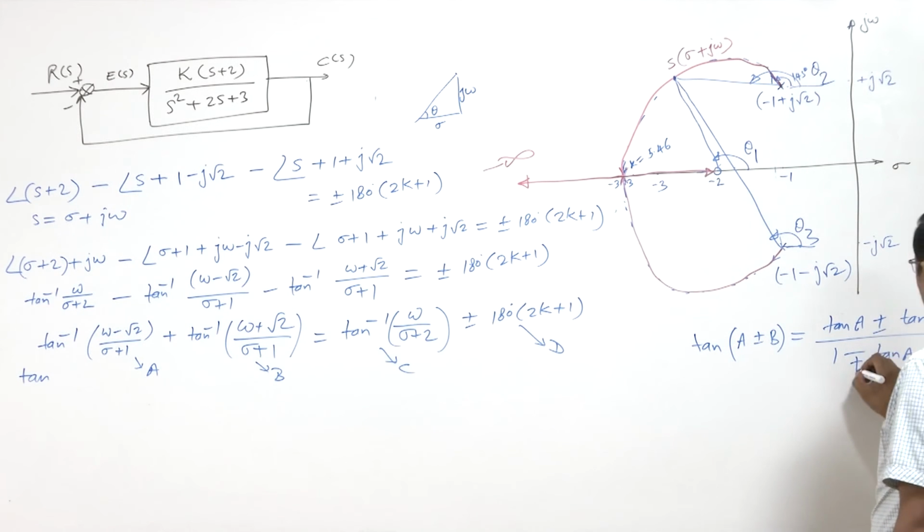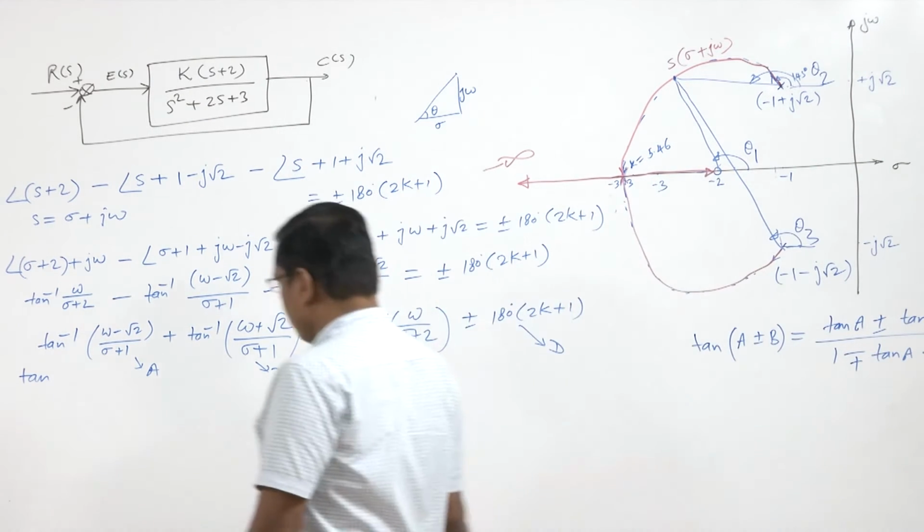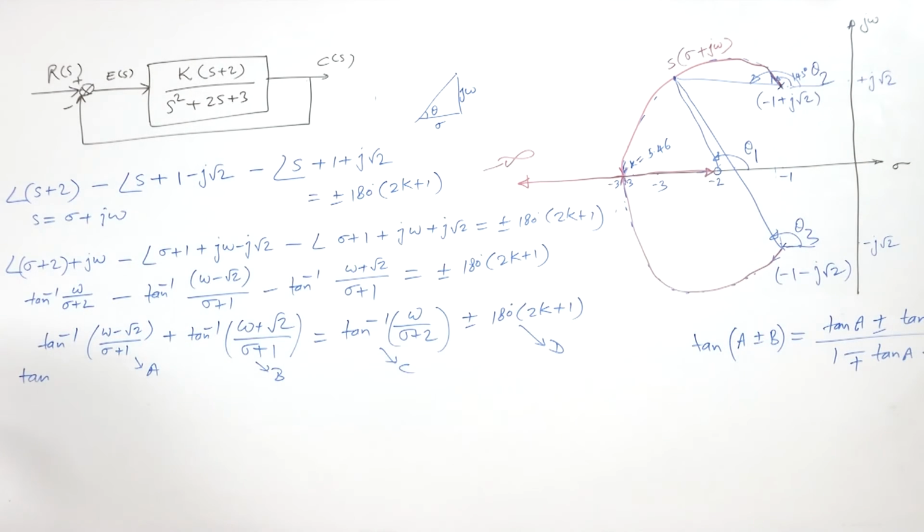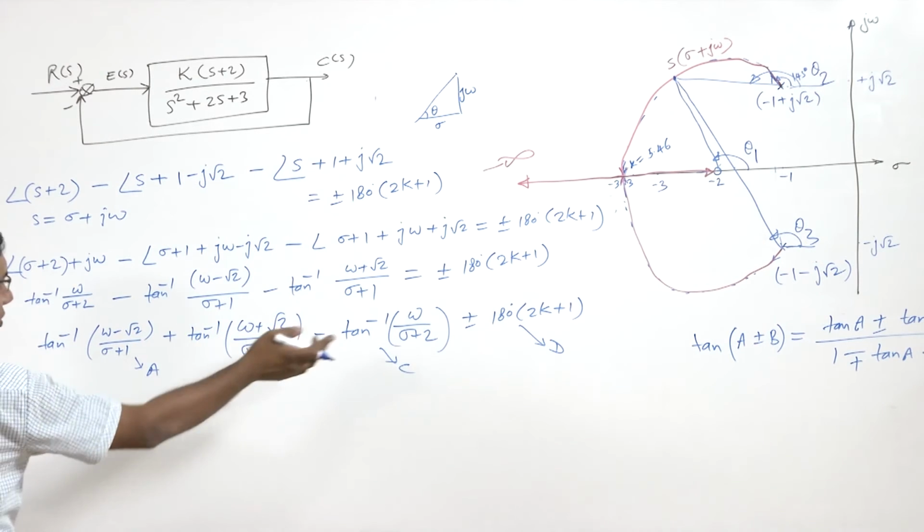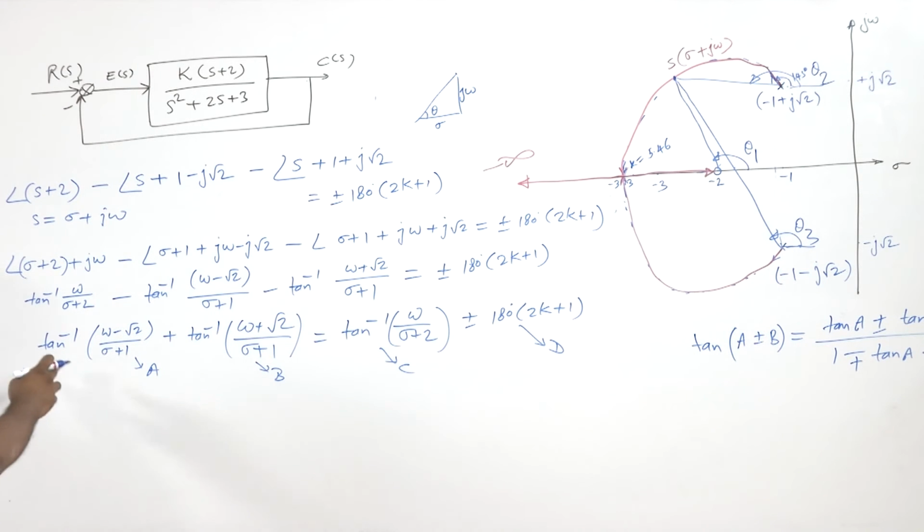Here we can have this, if it is minus, so we can write tan(A plus B). So this is A and B, so tan(A plus B) equals (tan A plus tan B) over (1 minus tan A tan B). So tan A means tan inverse will be gone, this will be remaining.